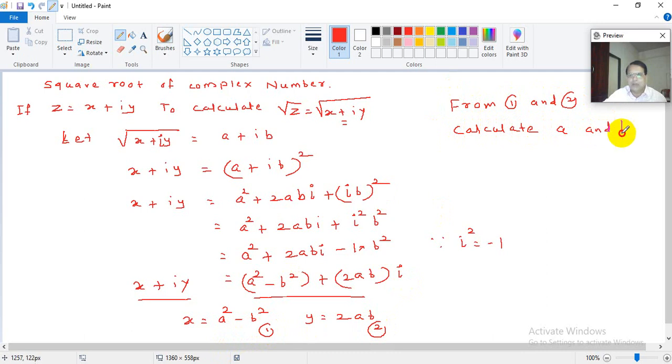Once you get a and b, your root is a plus ib. Root of x plus iy will be a plus ib. We have to calculate a and b. After getting the values of a and b, I can write this answer as a plus bi. I hope you understood this procedure.